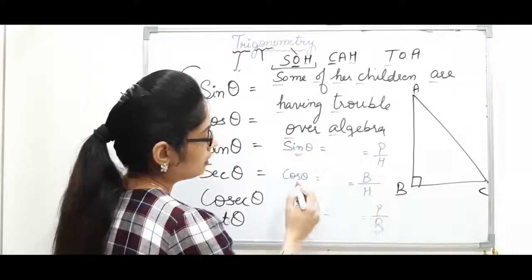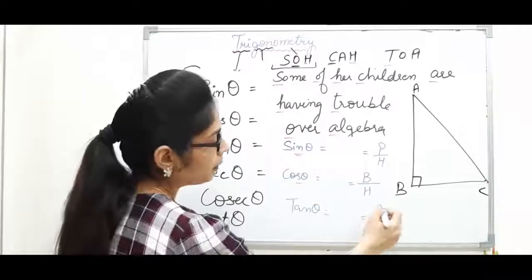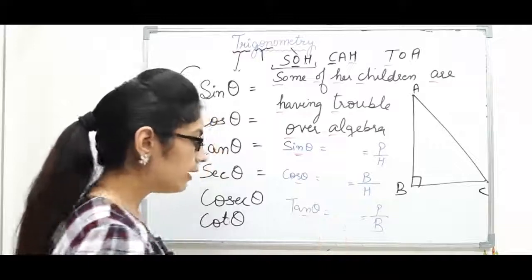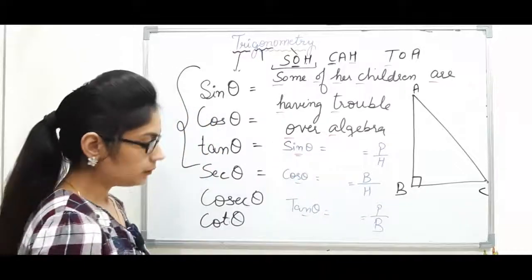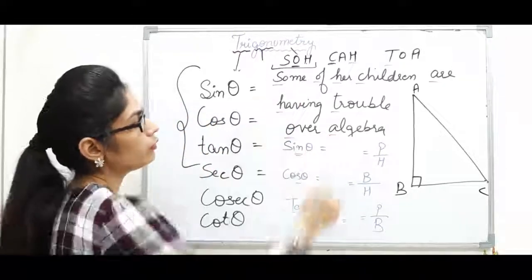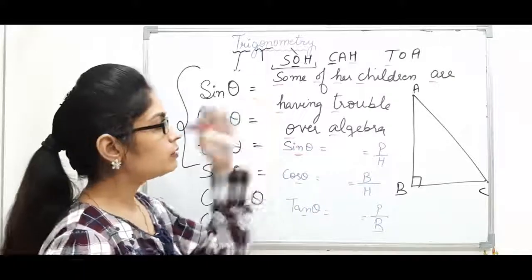Base upon hypotenuse is cos theta, and perpendicular over base is tan theta. You can remember these with the help of this mnemonic.